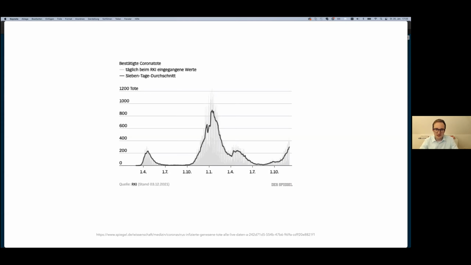This is no special chart. This is just showing the daily deaths by coronavirus through the pandemic. And this is just showing a 7-day average and the actual numbers. And you can see that, for example, in January last year, there were a lot of deaths and we had a very bad wave here, and now we are rising again.